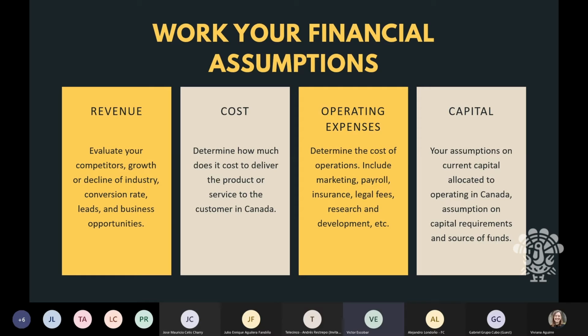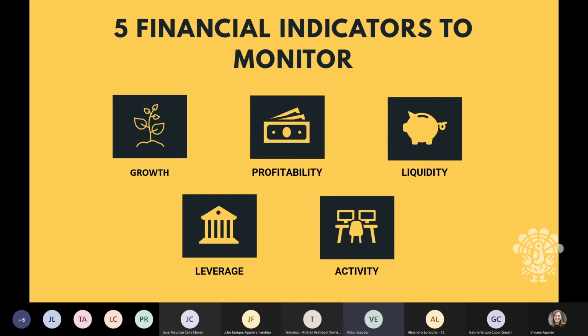The next step that we will check, after explaining this, is the 5 financial indicators to monitor your company. For this, we will make a poll with the same system that we have been using for the other workshops.